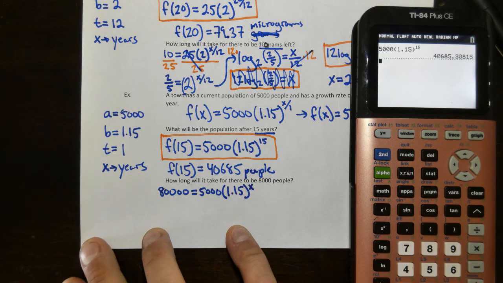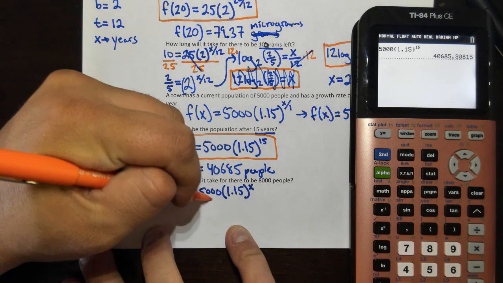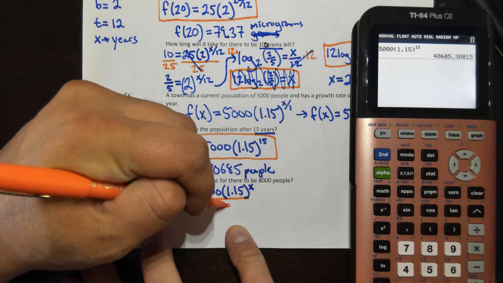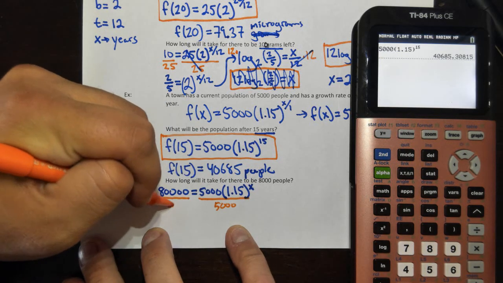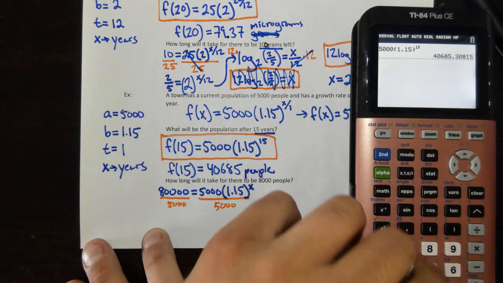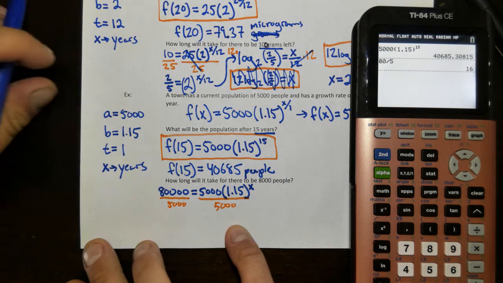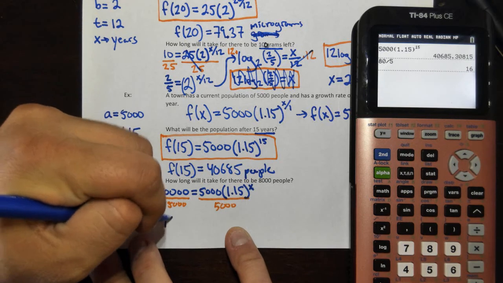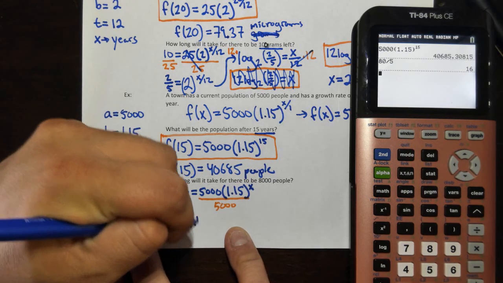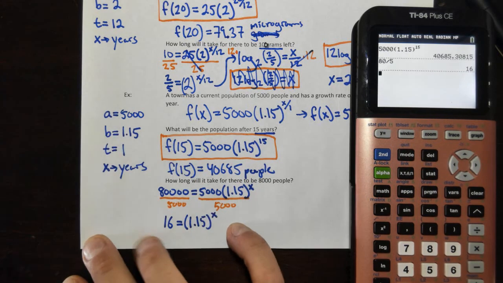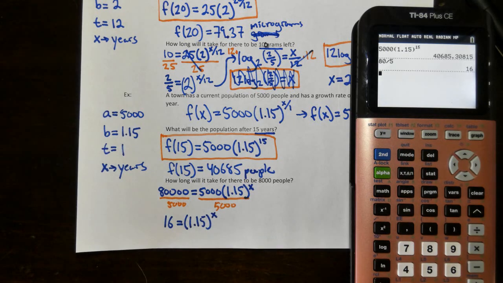And let's see, we're going to divide both sides by 5,000. And I believe that's 16, yeah. Okay. So 16 is equal to 1.15 to the x. And then we can convert it to our different form here.